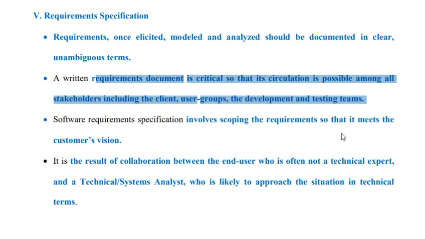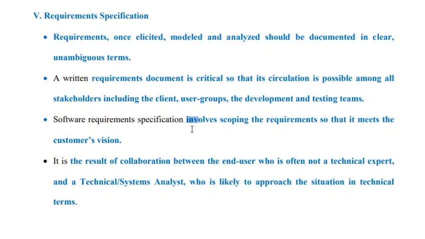A well documented requirement specification document plays a very critical role in promoting the understanding of the system amongst a wide set of audiences. So software requirement specification involves scoping the requirement so that it meets up to the customer's vision. So this is very much important.